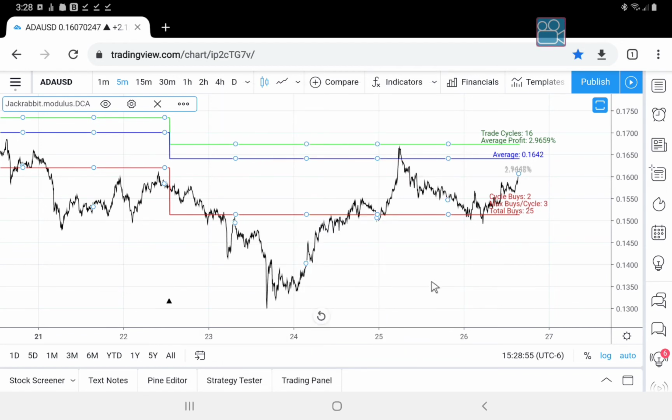Okay, now we have 16 trades at 2.9% rough average. So basically 16 trades by 2% is 32% total profit in a one month period. But we only have an exposure of roughly $30.